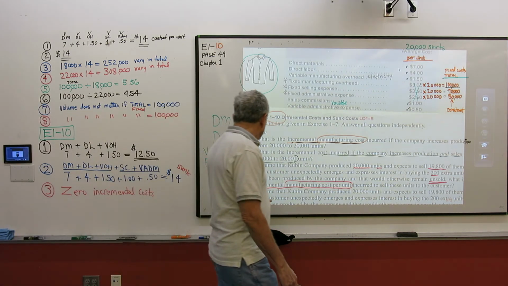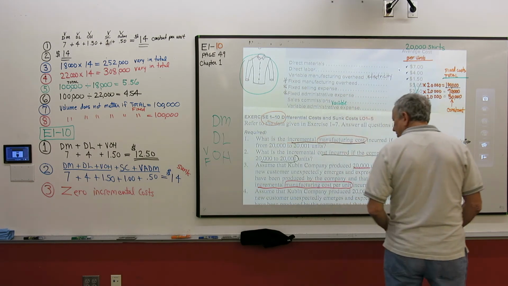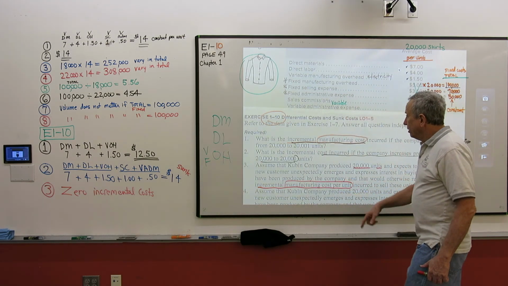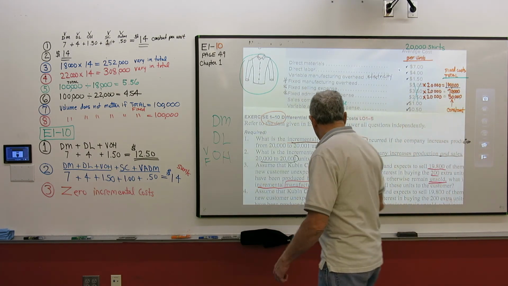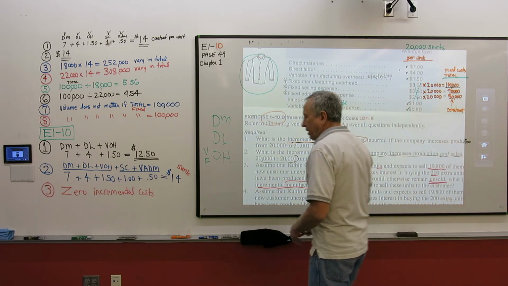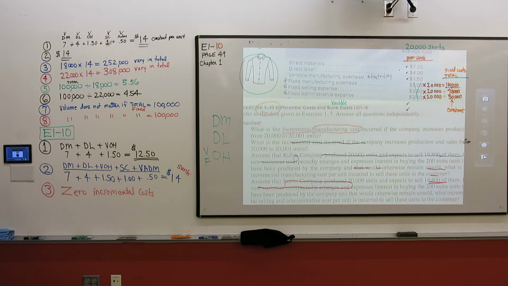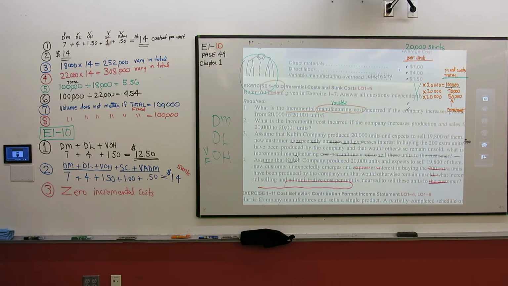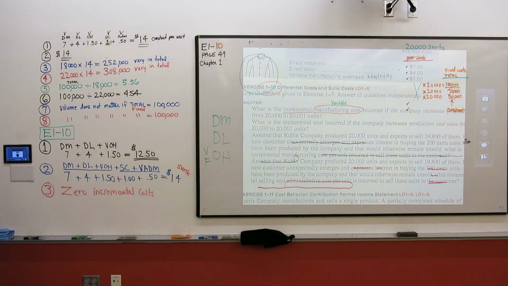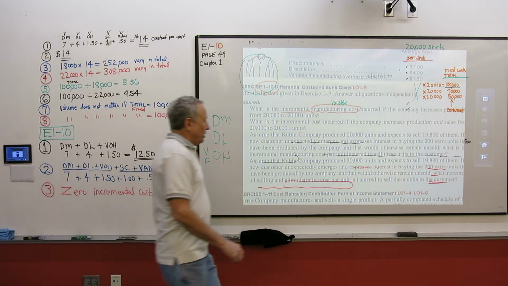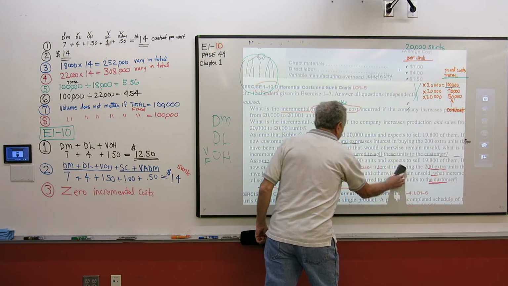4. Assume that Cuban Company, oh, this is the same one again. I can see it. It's the exact same thing. Let me just push it up a little bit so we can see it. Once again, I got to erase this because these lines don't really line up anymore.